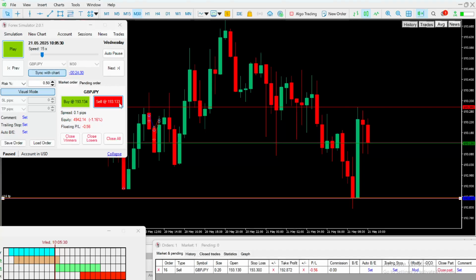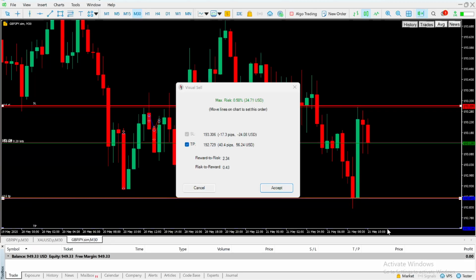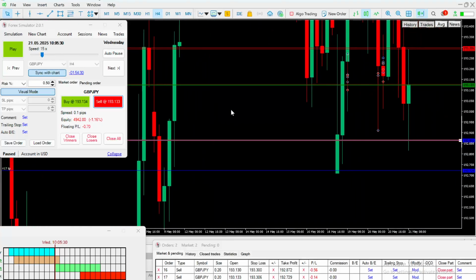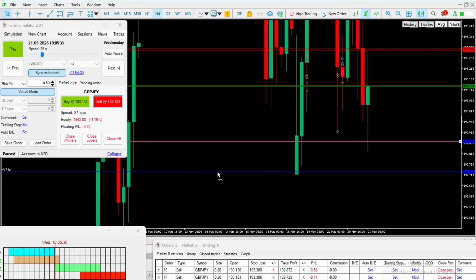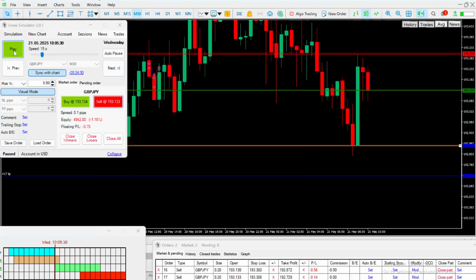With the second, let's see. Okay, good call. It's breaking the lows. It's creating lower lows.